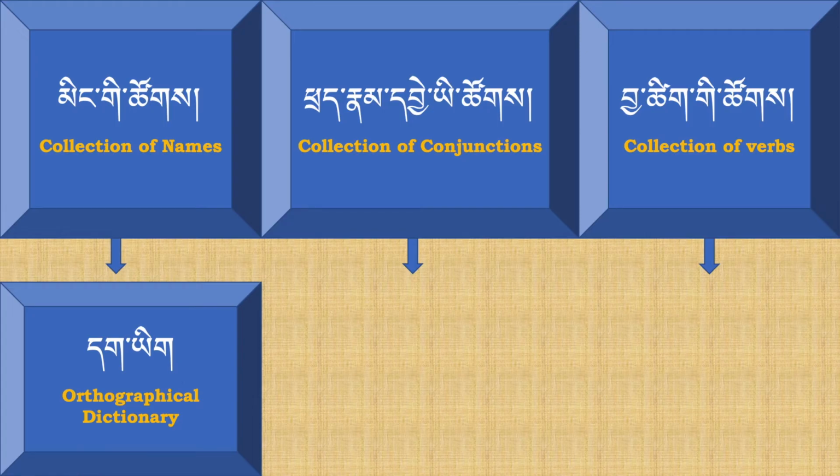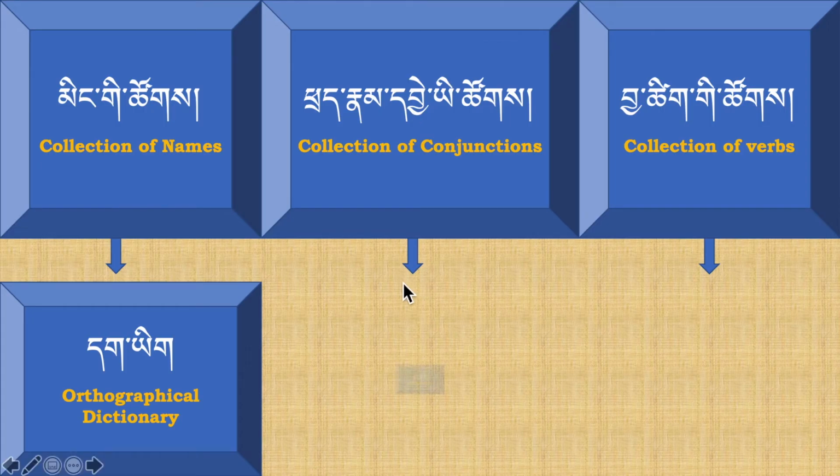Spelling is very important. For example, in Tibetan a lot of words have similar sounds but different meanings. Therefore it's very important to learn the spelling. So in order to improve the collection of names, we have to learn Tagyik. There are a couple of books about Tagyik.